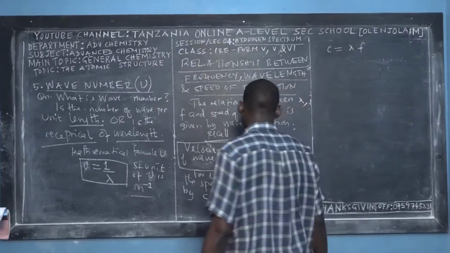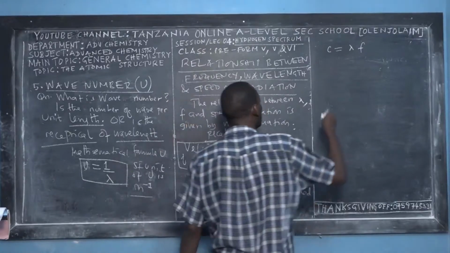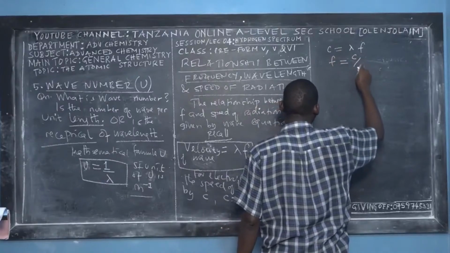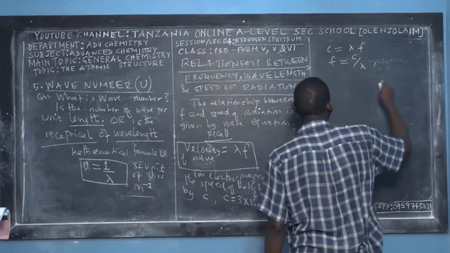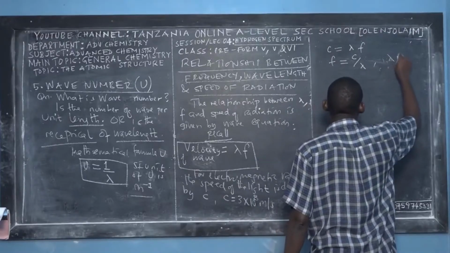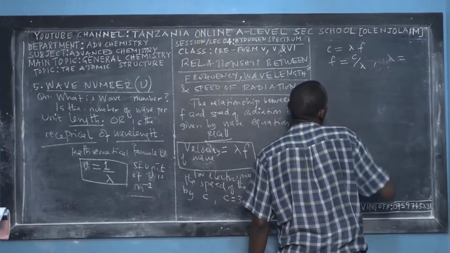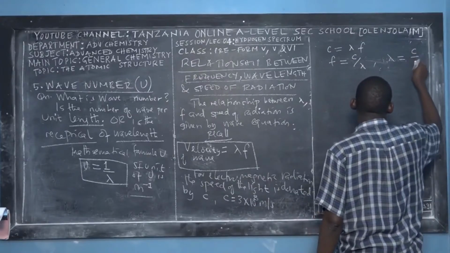So the speed of the light is constant, always. In most cases, we may make frequency the subject, so you get the speed of the light over wavelength. Or possibly wavelength can be made the subject, however it is a little bit challenging. So wavelength will be the speed of the light over frequency.